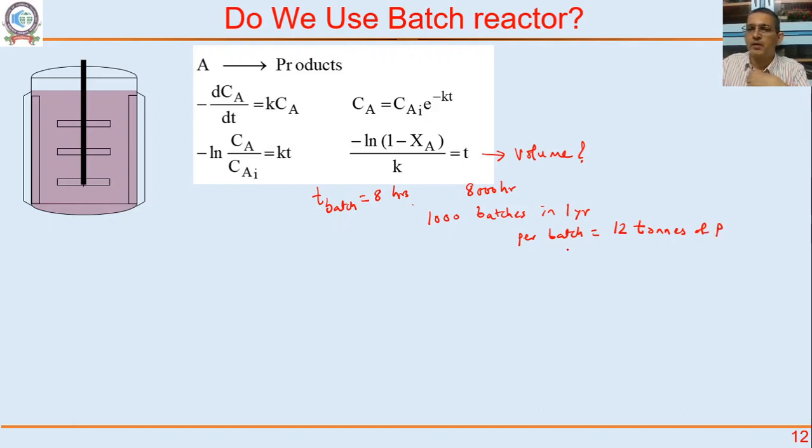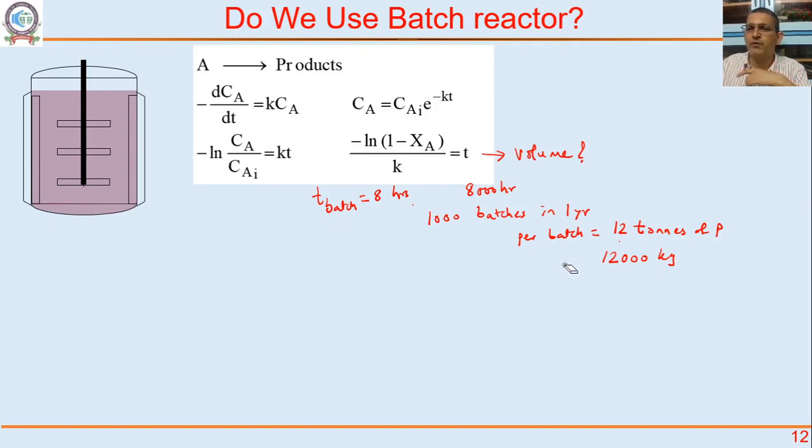Do you agree? That means this batch reactor has to contain 12 tons of product. So 12 tons means 12,000 kgs of product.